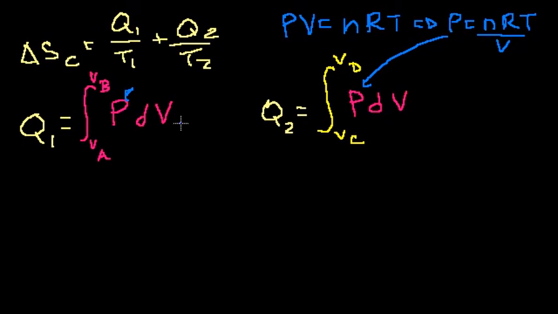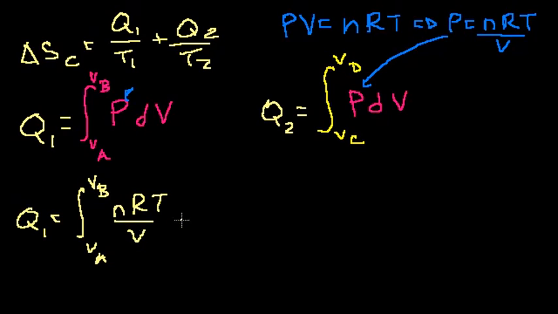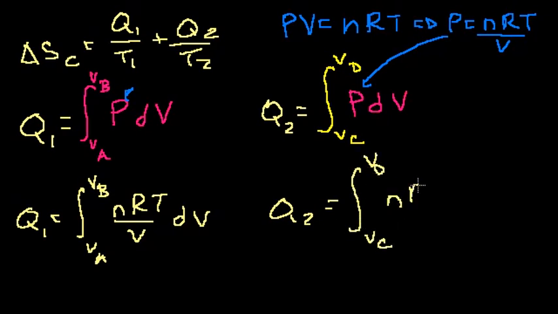That is P as a function of V. We now have the equation of the curve, and we're taking the area under it in both cases. So Q1 is equal to the integral from VA to VB of nRT over V dV. And Q2 is equal to the integral from VC to VD of nRT over V dV.